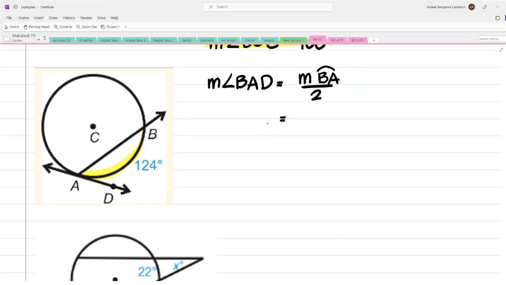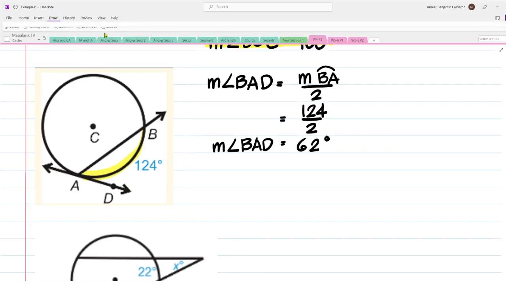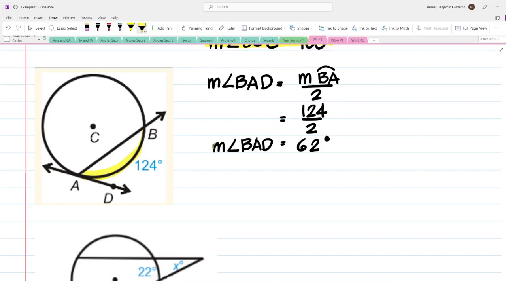So what is the measure of arc BA? That is 124 over 2. So therefore, the measure of angle BAD is equal to 62 degrees. That is our final answer.